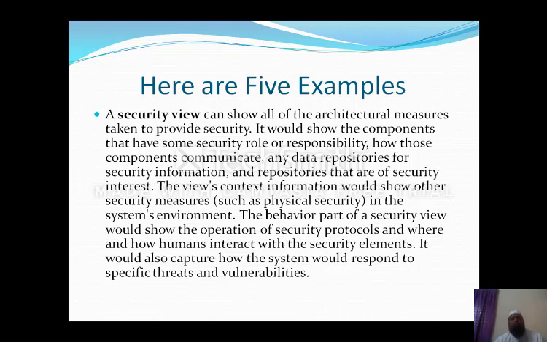The behavior part of the security view should show the operation of security protocols, and where and how humans interact with the security elements. It would also capture how the system would respond to specific threats and vulnerabilities. So in order to overcome the threats and vulnerabilities, you need to perform the security view.